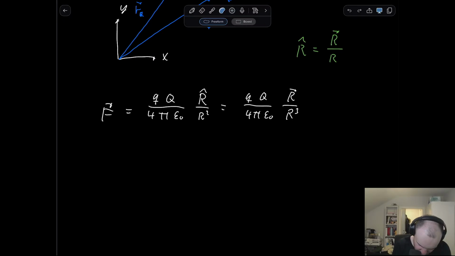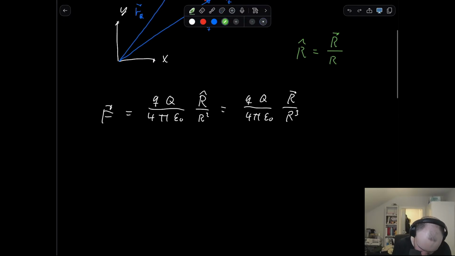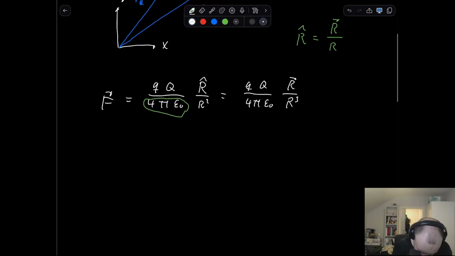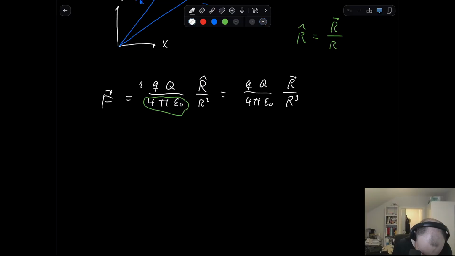Of course, if I just, for example, take all of this and call 1 over all of this equal to K, then we would have K times Q times Q, then r hat, divided by r squared.